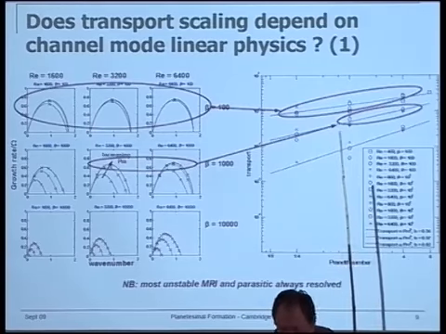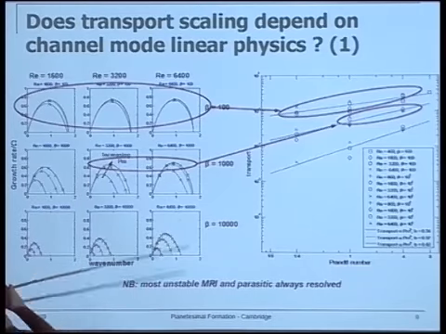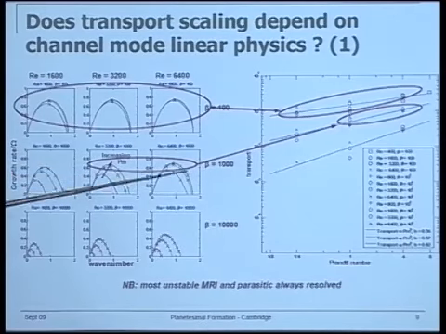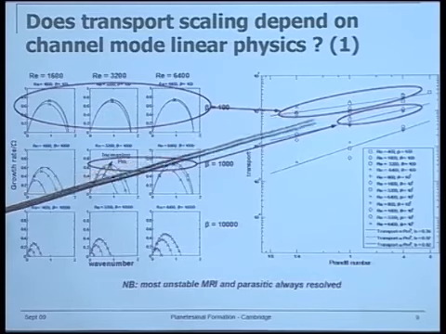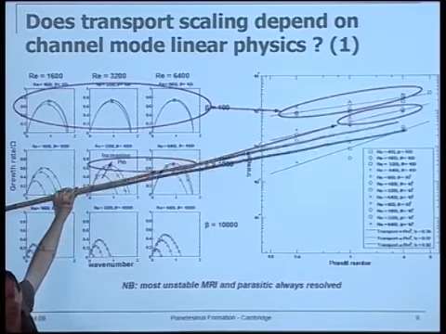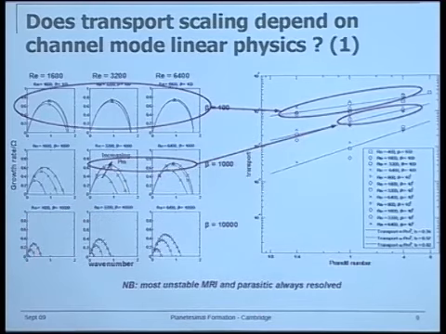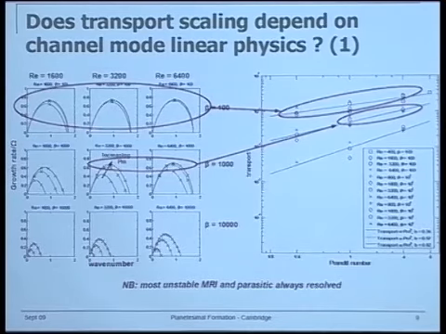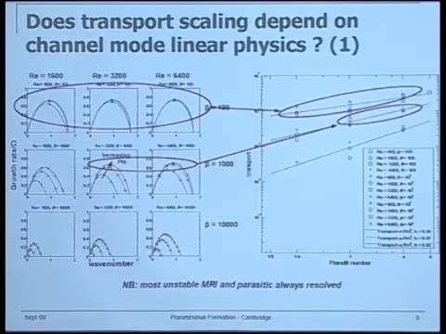Okay, so let's break that up a little bit, otherwise it's really incomprehensible. If you look at these 2 subsets of results, that is most, not all, but most of the ones at the largest field and some at the intermediate field strength, the linear channel modes have a growth rate which is basically constant.